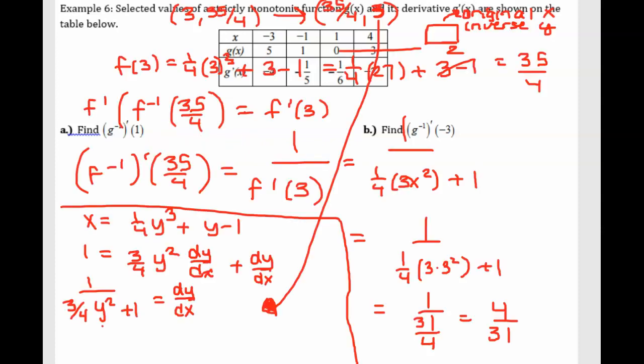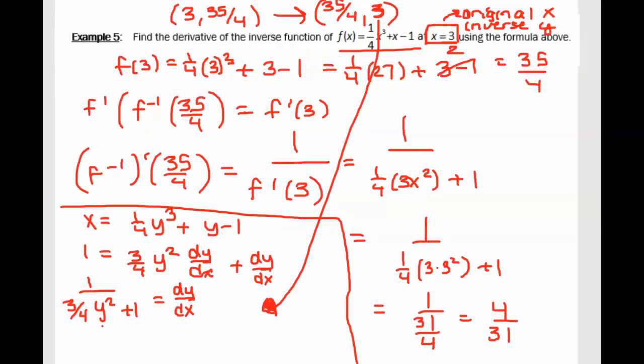Let me just go back. Okay, so again, taking into account this comparison, here we said at x equals 3. When you plugged it into your formula, it looked like f prime of f inverse of 35/4, but became f prime of 3.